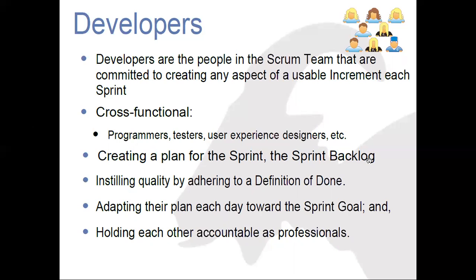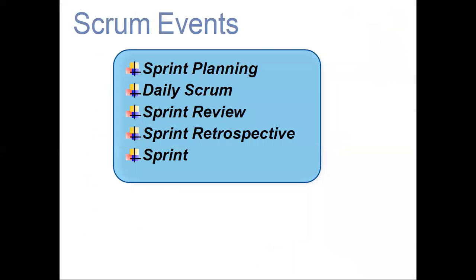They are responsible for the product increment. Instilling quality by adhering to a definition of done. Adapting their plan each day towards the sprint goal and holding each other accountable as professionals.